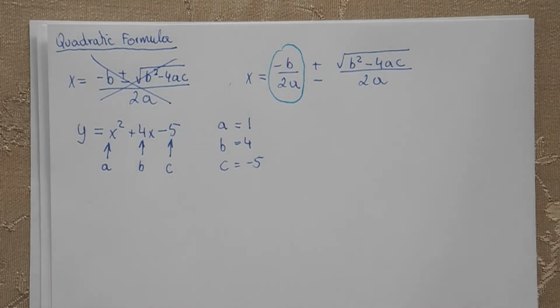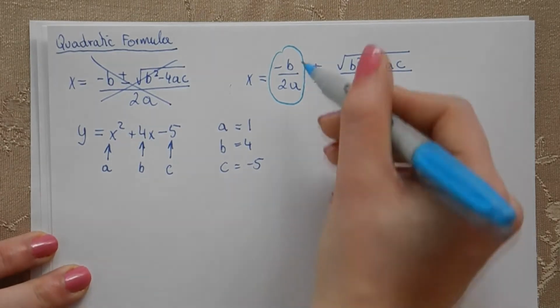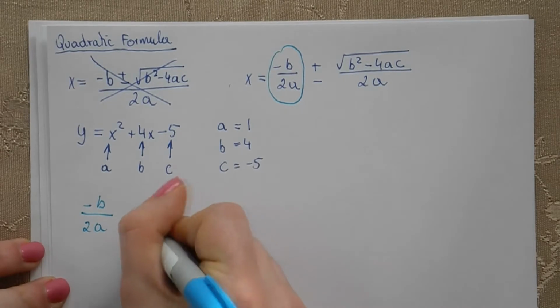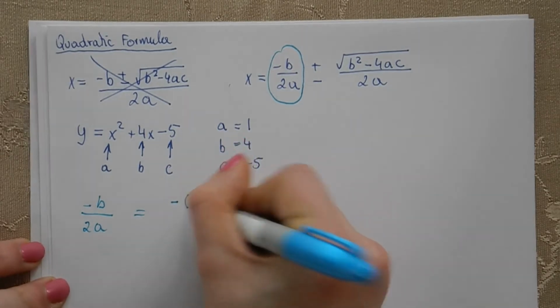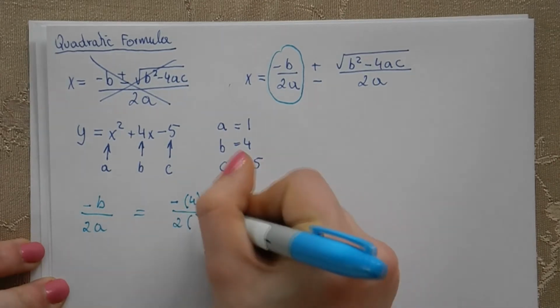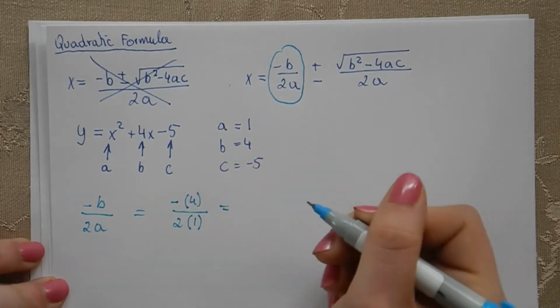So let's look at our example. We're going to take the first part of the equation and plug in our values. For b, we have negative 4 over 2 times a, which is 1.